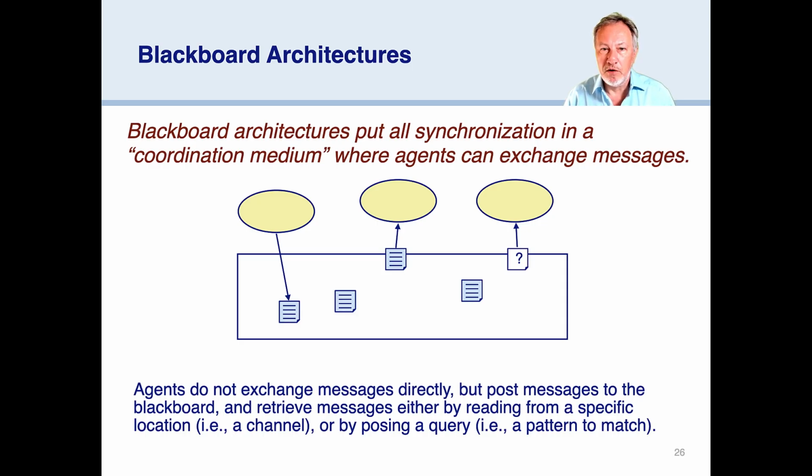Blackboard architectures, instead of using one slot buffers that we saw in the previous example, put all the synchronization in a so-called coordination medium or Blackboard, where agents can exchange messages. What's different from what we just saw, with a fixed data flow stream, is that every process is connected to exactly one other process. So the communication flow is very strictly regulated.